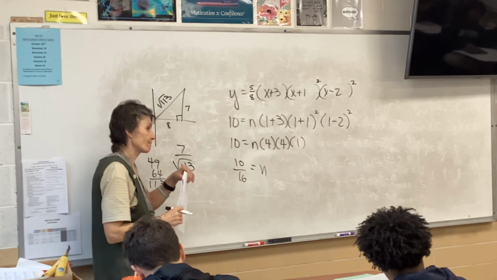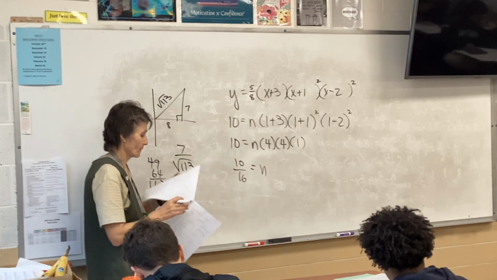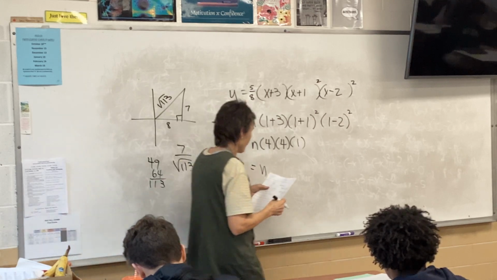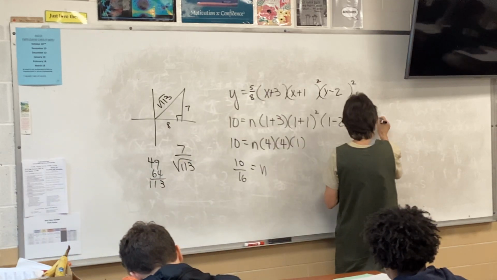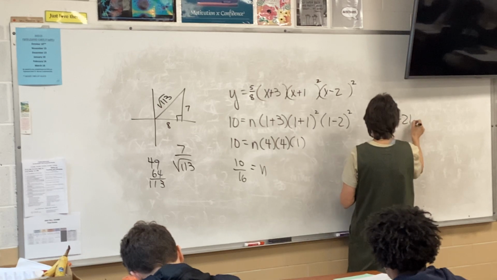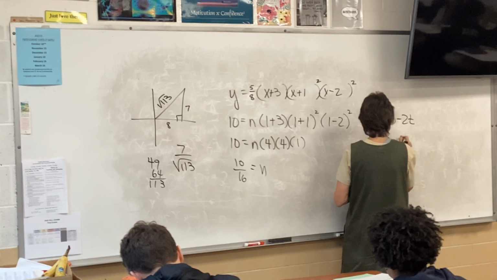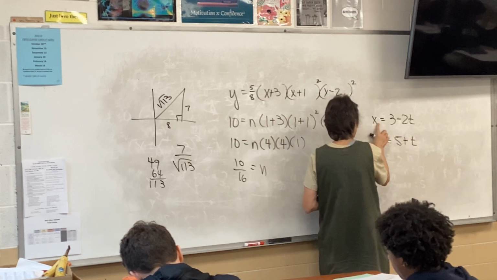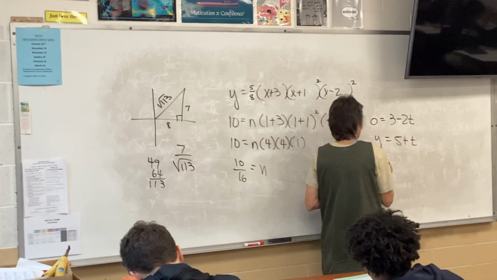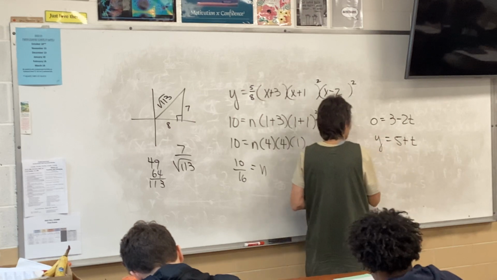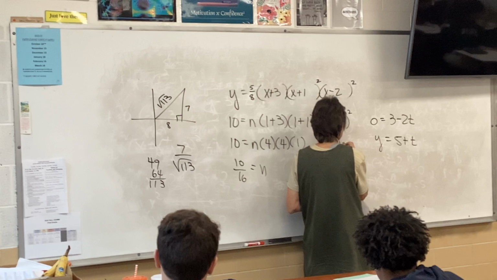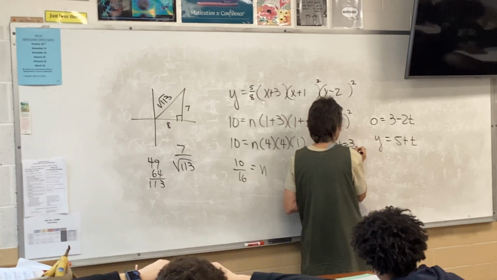Can you do 2B on the mini review? Did you try it, Lewis? Yeah. 2B, find the y-intercept. How do we find a y-intercept? Let x be 0, all right. Let's let x be 0. We put a 0 in here. What does that tell me about t? No. 2t equals 3, so t equals 3 halves.